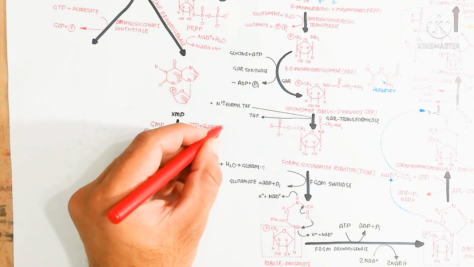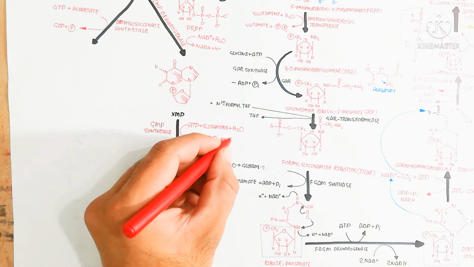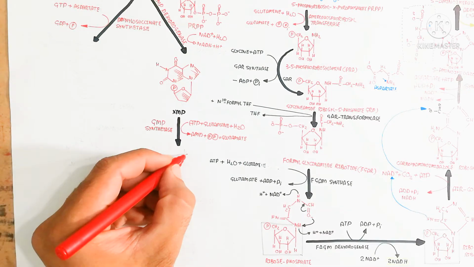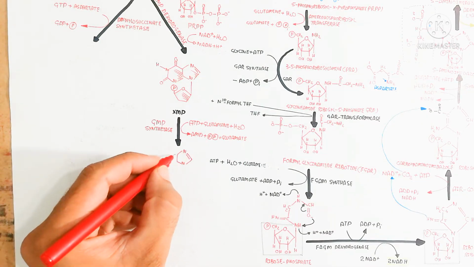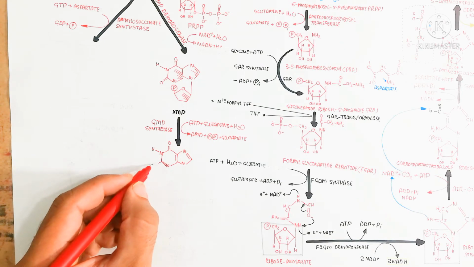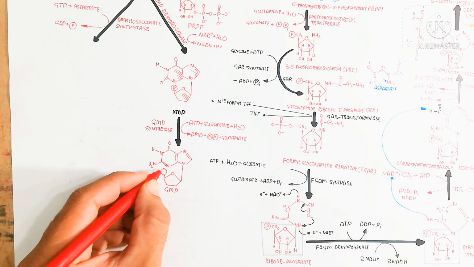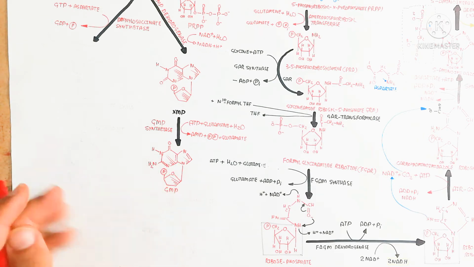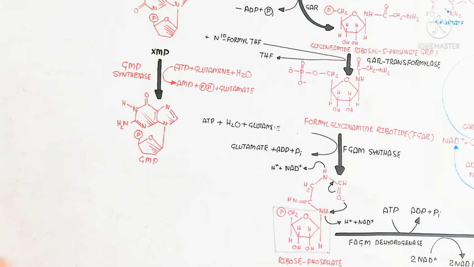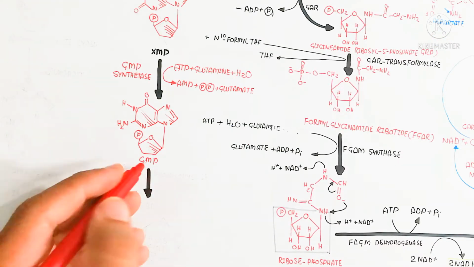For this XMP, the GMP synthetase enzyme uses ATP, glutamate and water to release AMP, pyrophosphate and glutamate. This formation is known as GMP, the guanosine monophosphate. The nitrogen base is guanosine.